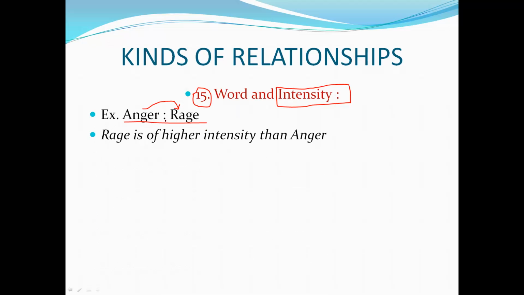Here you'll get the explanation that rage is of higher or highest intensity than anger. Anger conveys the feeling, but rage conveys strong feelings of anger. Similarly, here you are getting the words wish and desire. Wish is the word that you want something, but desire is a strong wish.